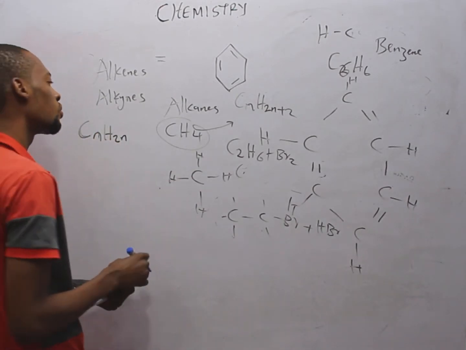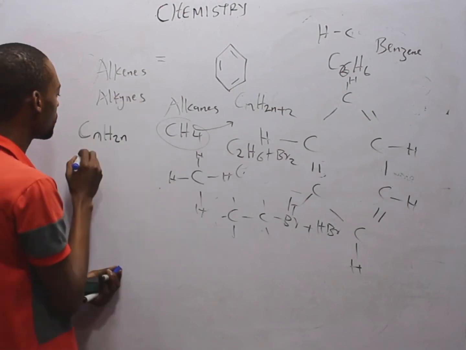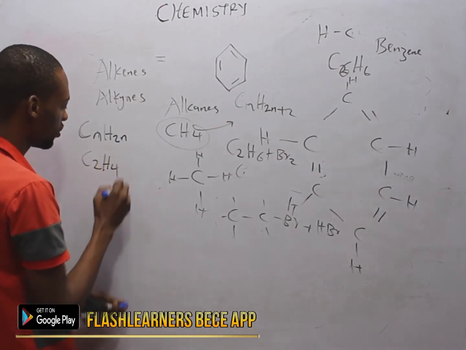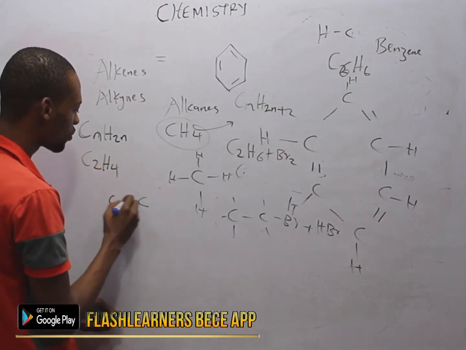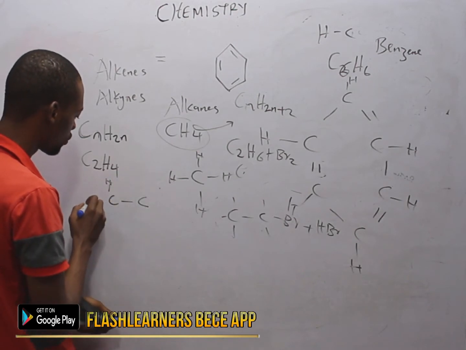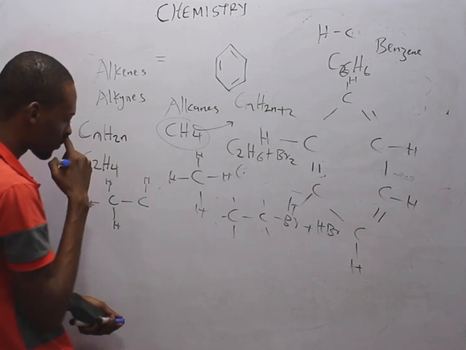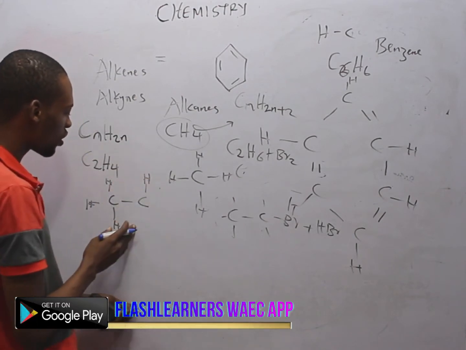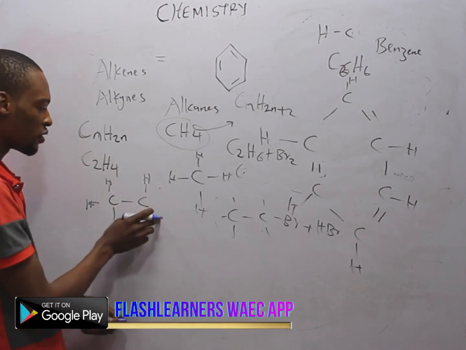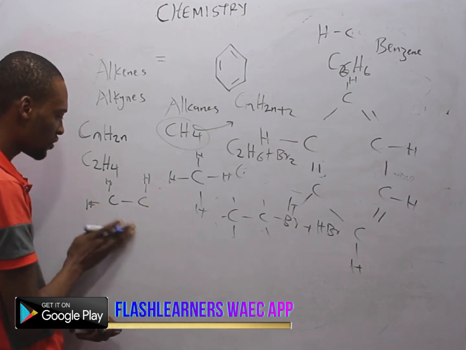If carbon is 2, the alkene becomes C2H4, which is 1, 2, 3, 4 hydrogens. But it won't work like this because this one has not completed its configuration. So let's remove this one here.